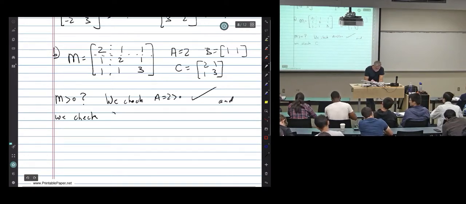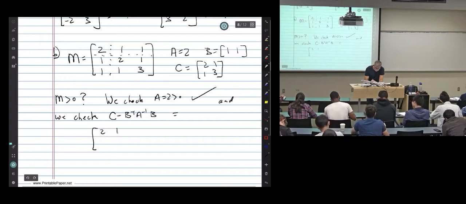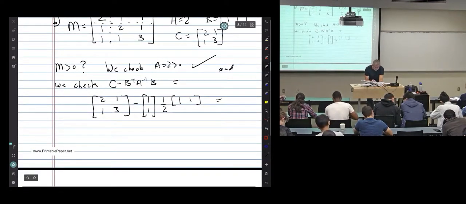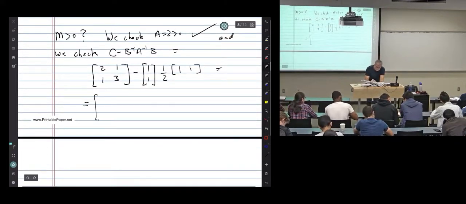And we check C minus B transpose A inverse B. So that's equal to 2, 1, 1, 3 minus 1, 1, A inverse is a half, 1, 1. And let's see, I worked this out.